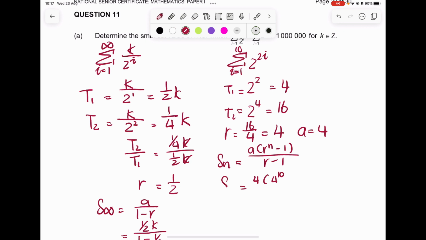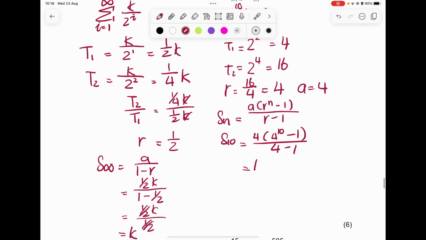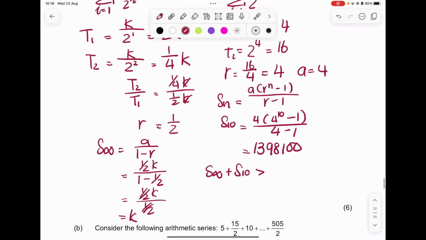N is 10, because you're looking for the sum to 10. Here we get 1398100. Okay, so it's saying the sum to infinity plus the sum to 10 is greater than a million.